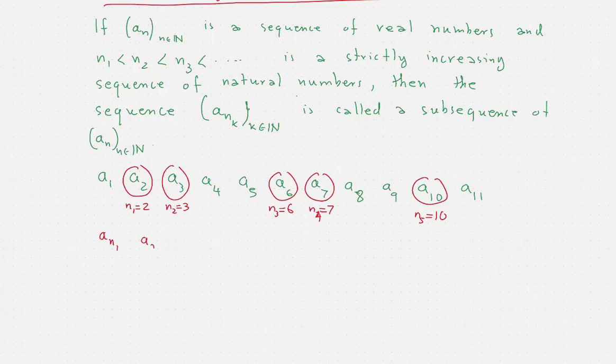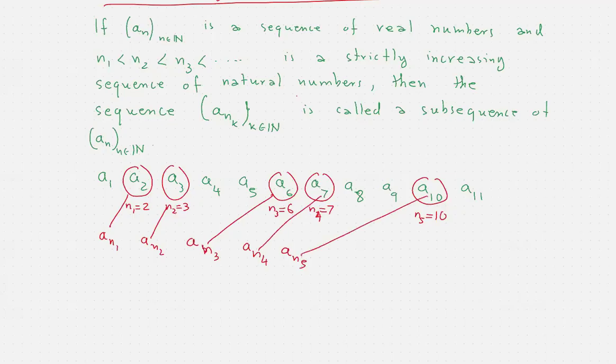And of course, we understand that a_{n_1} is a_2, a_{n_2} is a_3, a_{n_3} is a_6, a_{n_4} is a_7, a_{n_5} is a_10, and so on. So that will be called a subsequence of (a_n).